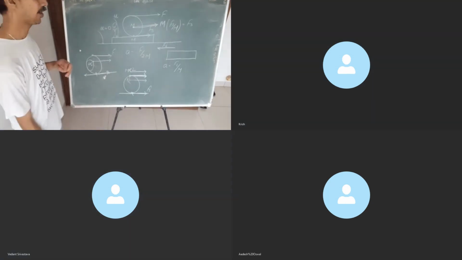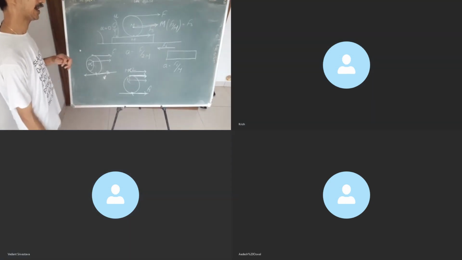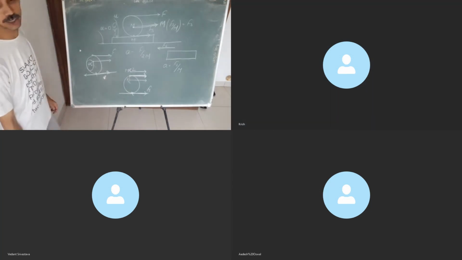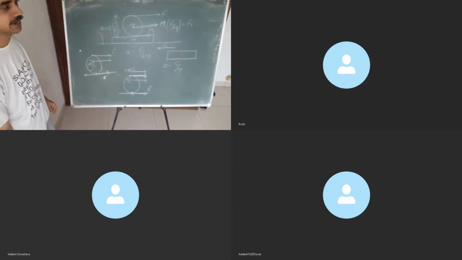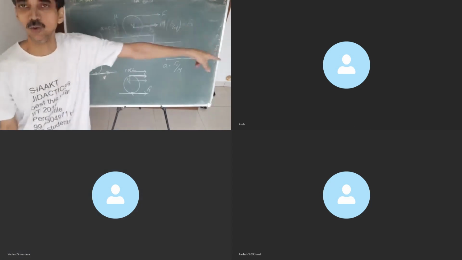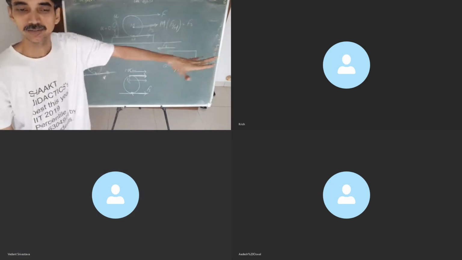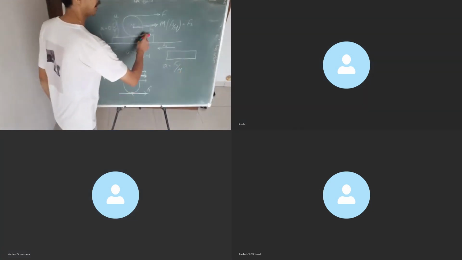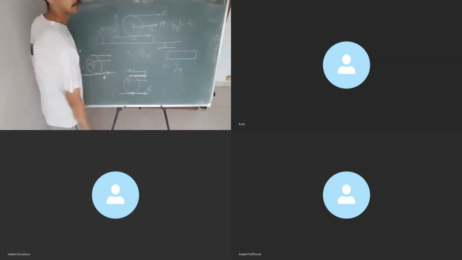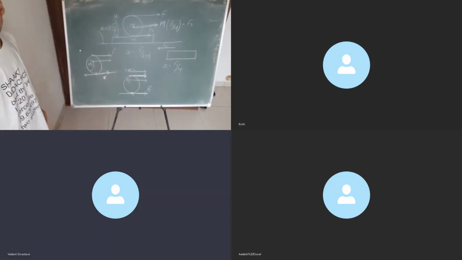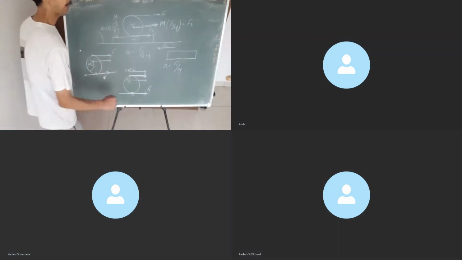Now we will write for the translational and rotational aspects. Can anyone tell me what about the translational aspect? What about the rotational aspect of this sphere? F plus twice of Fs is equal to mass into acceleration, correct?